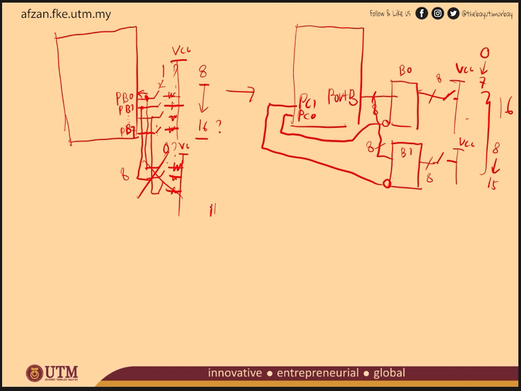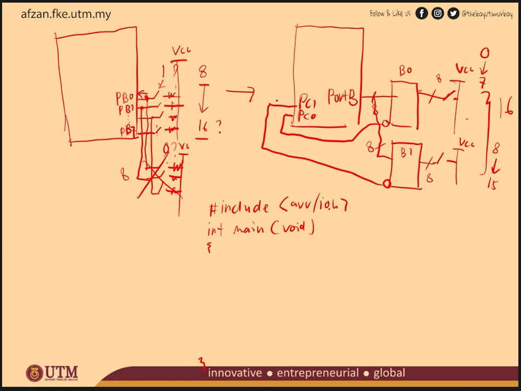So first you include avr/io.h, and then int main void. After that, open curly bracket, close curly bracket.